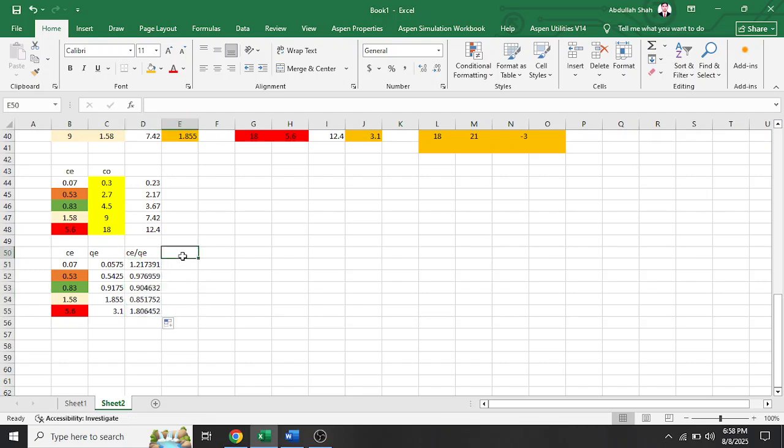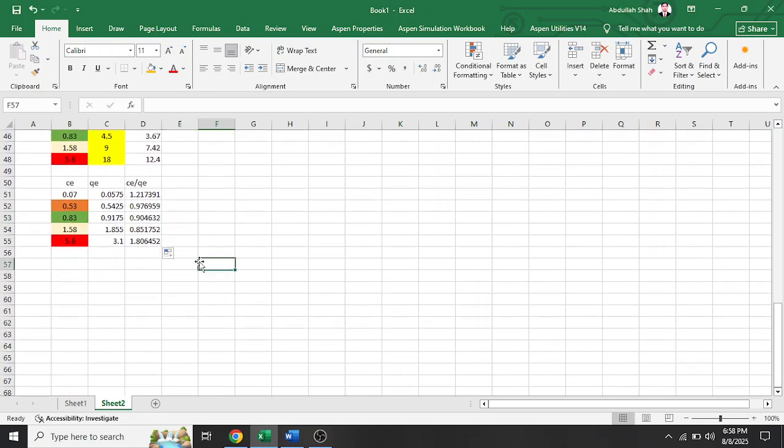This is CE by QE. We will plot CE by QE against CE. Now the CE value is this. This is the CE divided by QE, and this is the CE. Now we will plot this one.